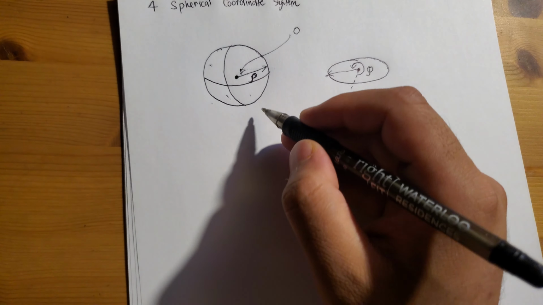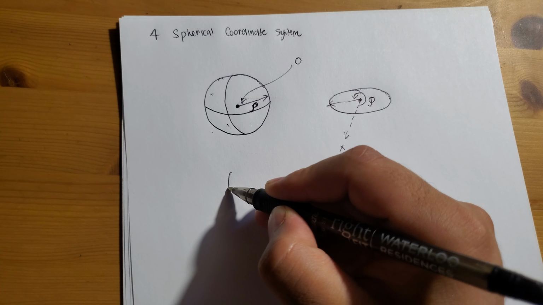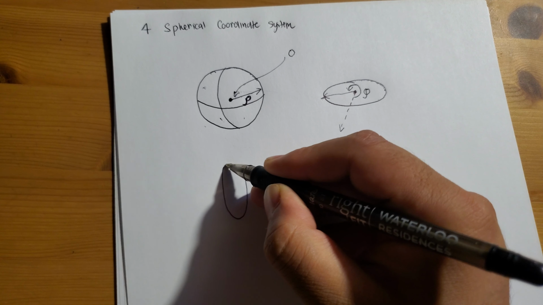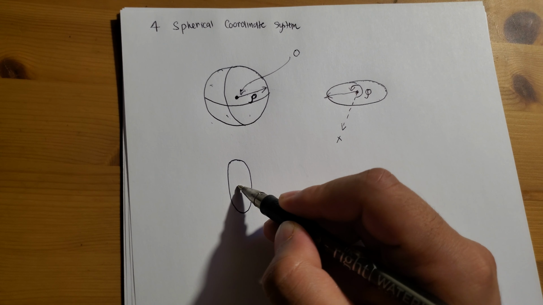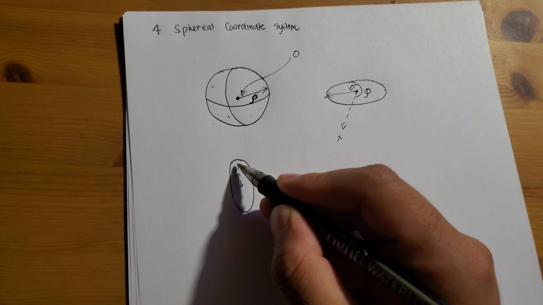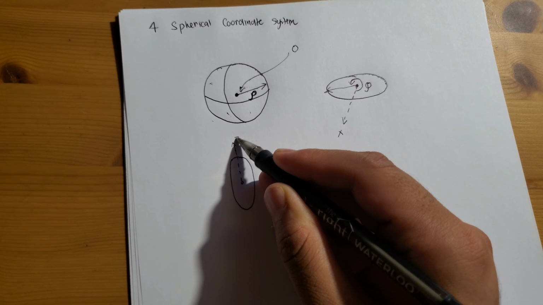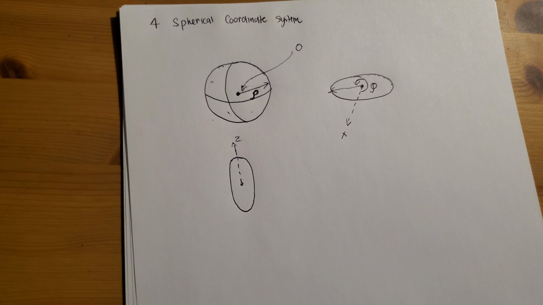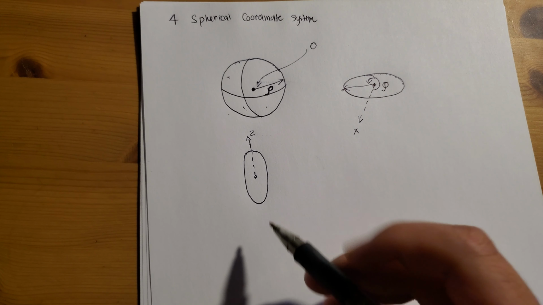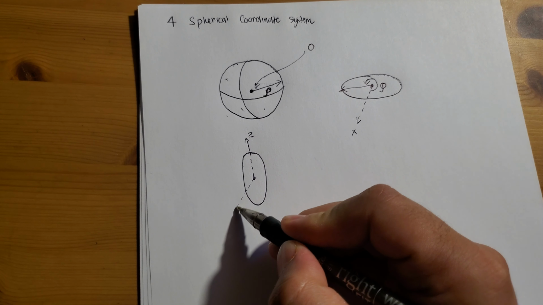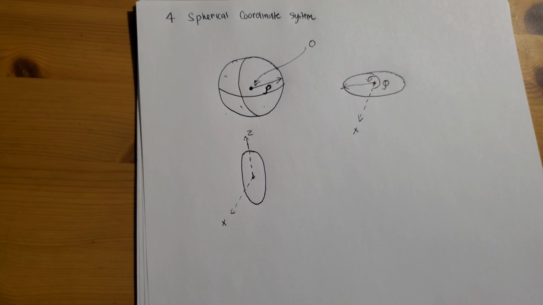So next we can consider the other plane, which looks something like this, where we can call this up here the z-axis, and this is the zx plane. So if I were to draw the x here, it would look like this.